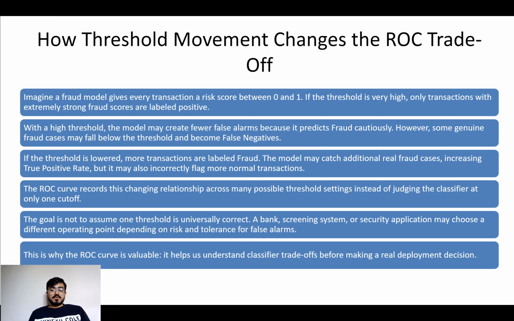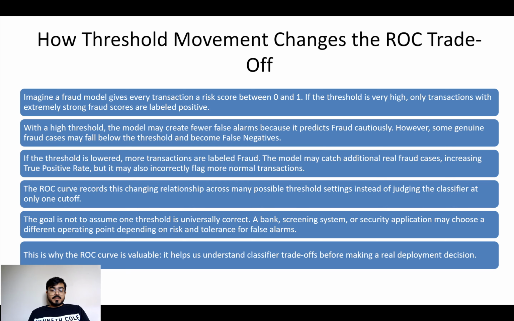This approach usually reduces the number of false positives because the model is less likely to incorrectly label normal transactions as fraud. However, there is also a disadvantage. Some real fraud cases may not reach that high threshold, so the model misses them. These missed cases become false negatives, which means the true positive rate, or recall, decreases.